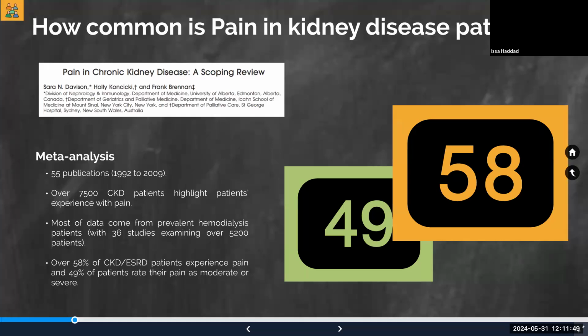Almost 75% of them were hemodialysis patients. 36 of those studies were only in hemodialysis patients. In this meta-analysis, over 50% of our patients complain in one way or another of pain, and almost half of them are complaining of moderate to severe pain. So you can see how much quality of life is affected by these types of pain.